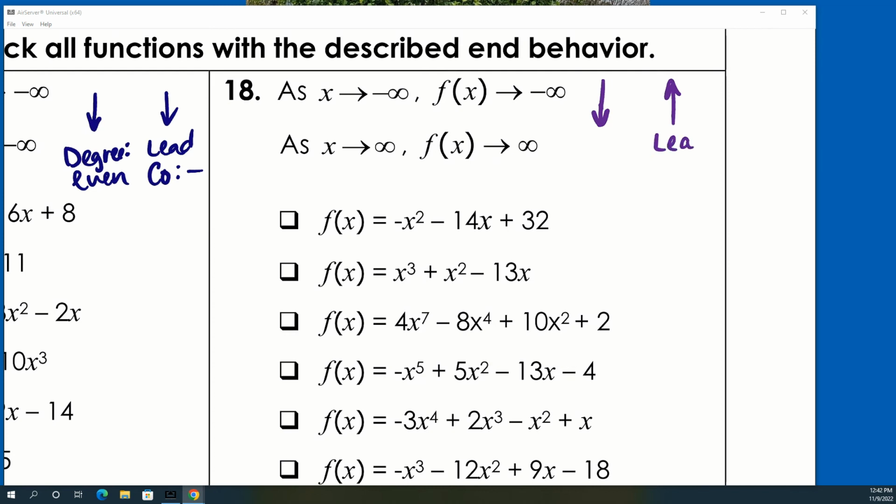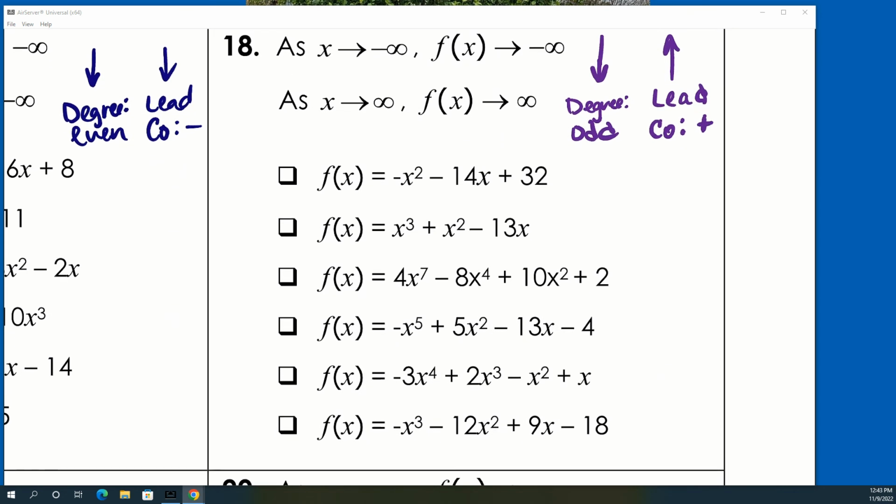So if the right side is pointing up, the leading coefficient is positive. The left side is in the opposite direction, so the degree is odd. So we just go through those lists of functions and see which ones have an odd degree and a positive leading coefficient. Looks like it's only going to be those 2.